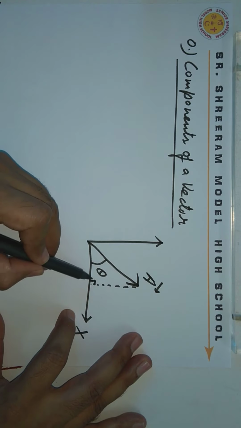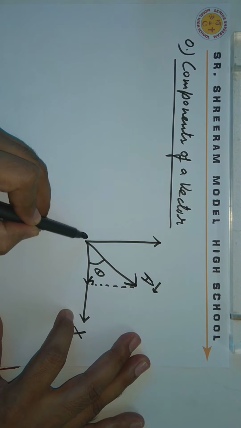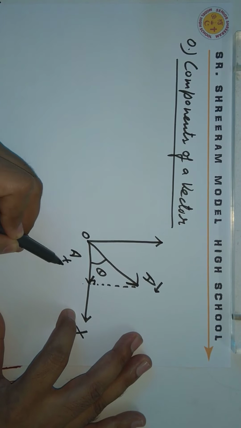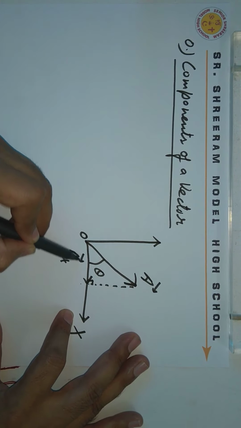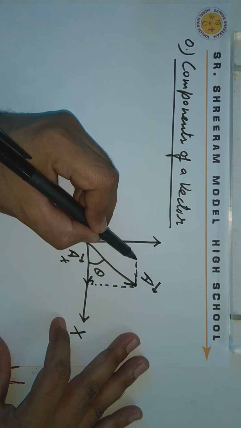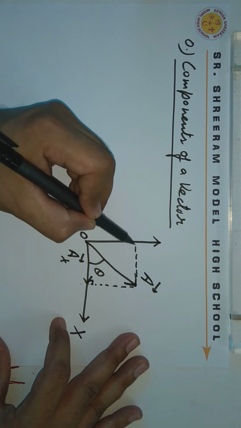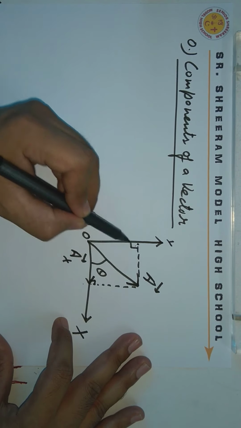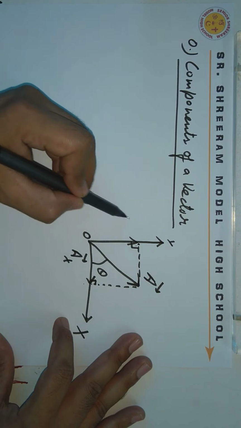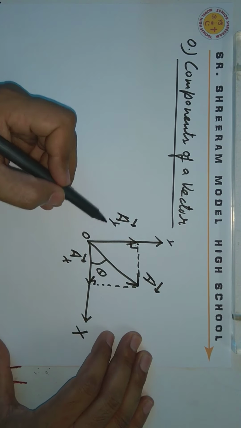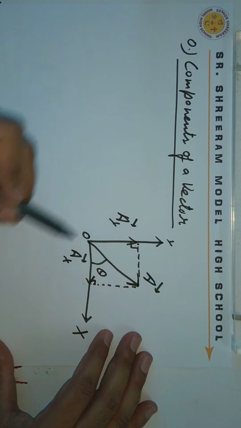Now this from the origin to this point becomes A subscript x, the vector component along the x-axis. And similarly, I drop a perpendicular from the head of the vector onto the y-axis. This is called A subscript y, the y component of the vector.